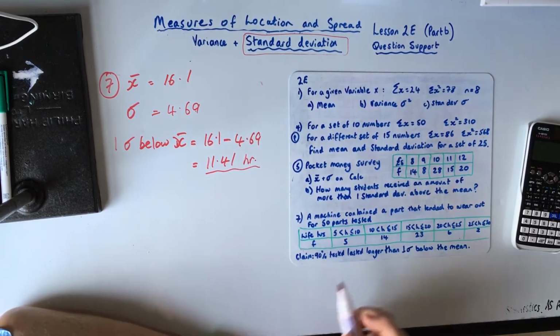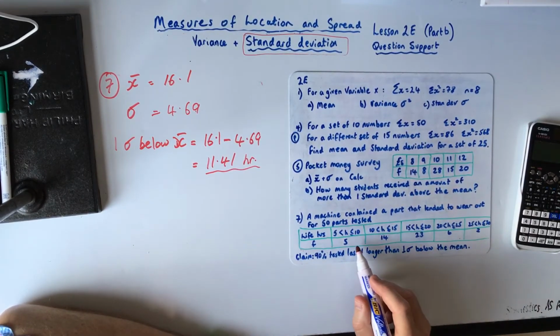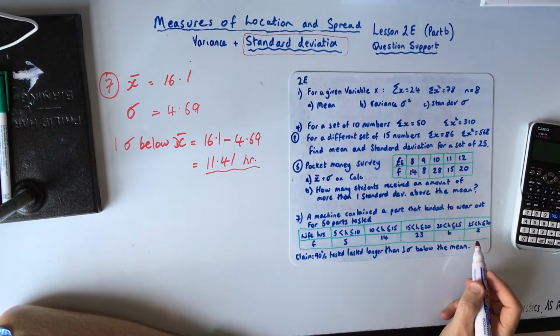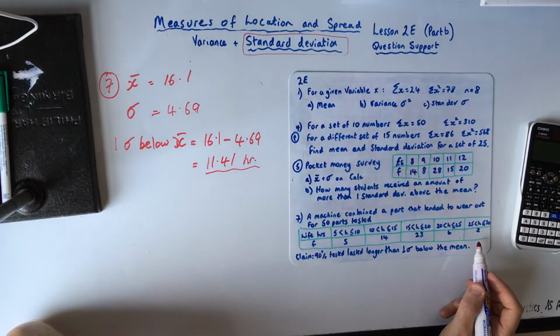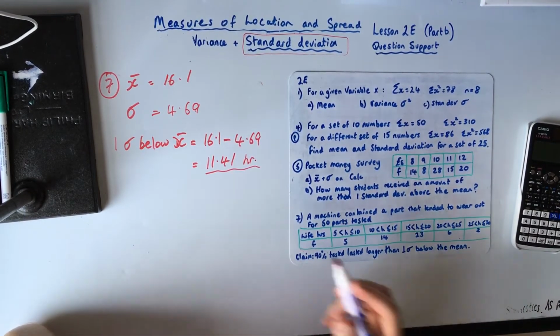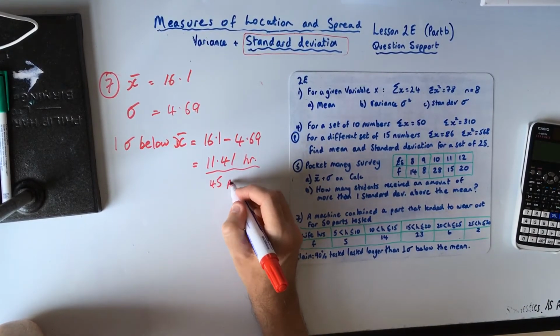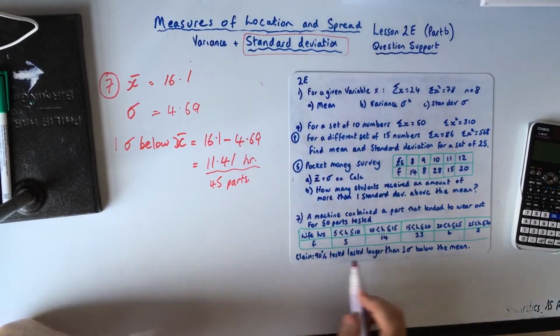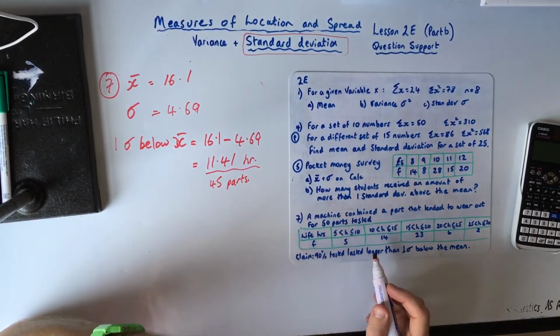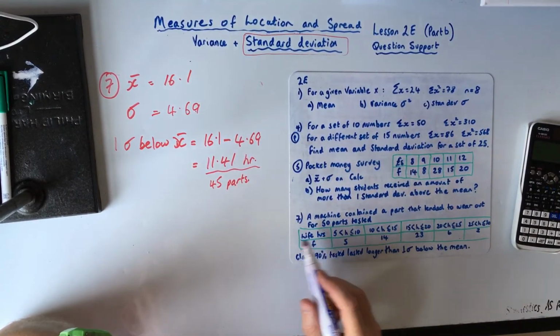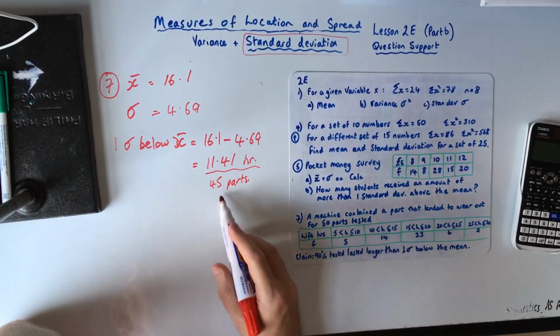So what they're saying is 90%, well, 10% of 50 is 5, so 90% is 45 parts.